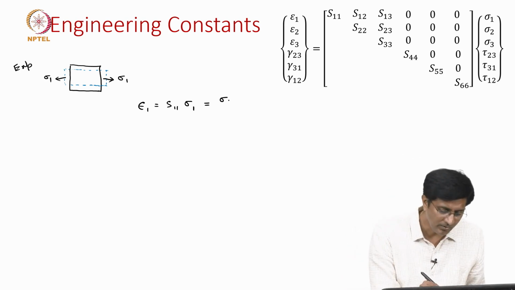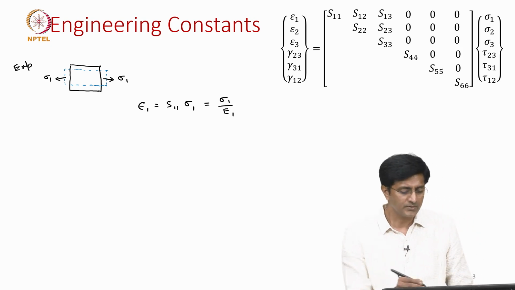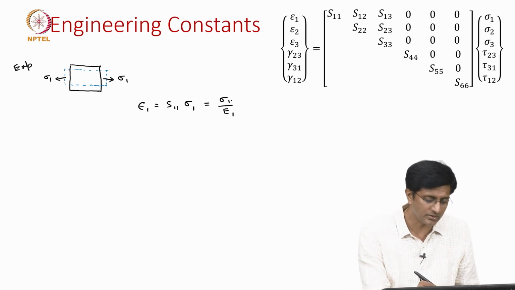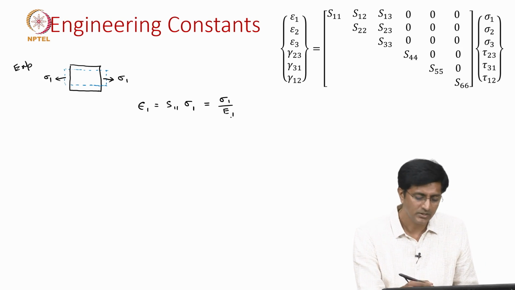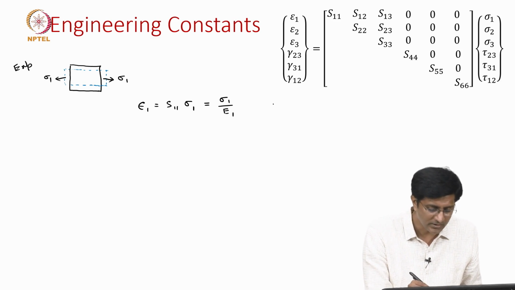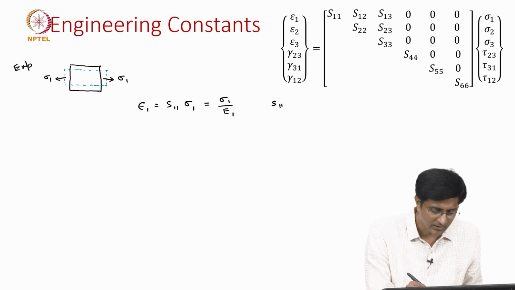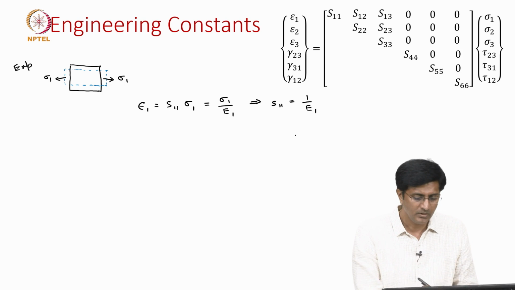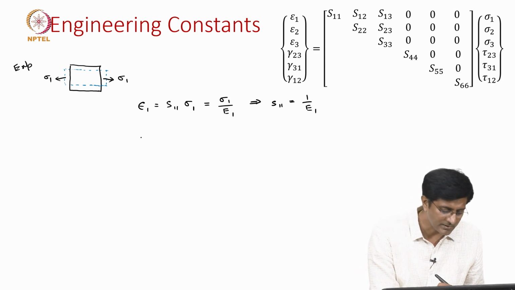Strain is sigma 1 by E1, right, where sigma 1 is the stress in direction 1 and E1 is the elastic modulus in direction 1. So from this we can say that S11 is simply 1 by E1. Now, let us move to the second strain.